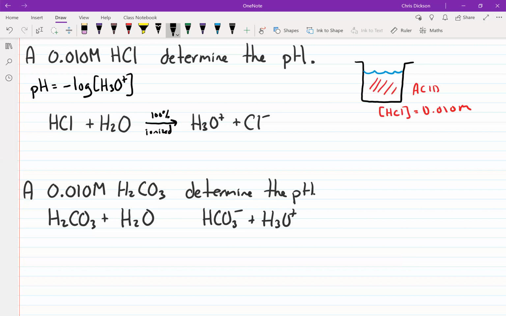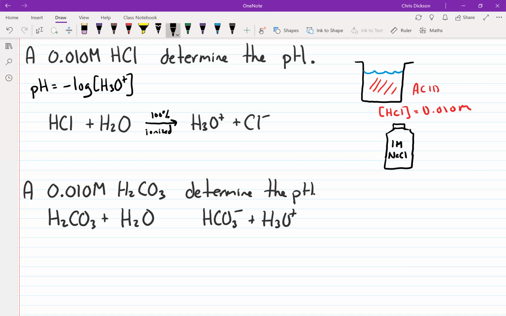Okay, so if that's true, then the concentration of the hydrogen ion should be the same as the concentration of the original acid. If that sounds a bit confusing, think of this for an example here. Let's say you had a bottle, and on the label you read 1 molar NaCl.